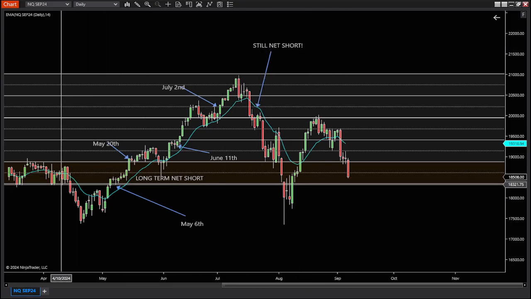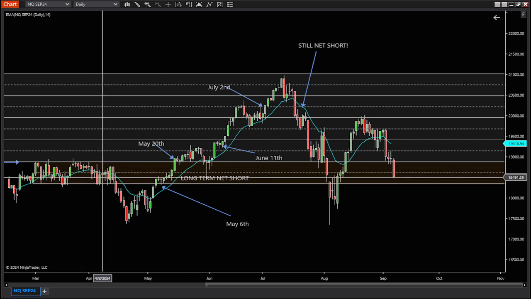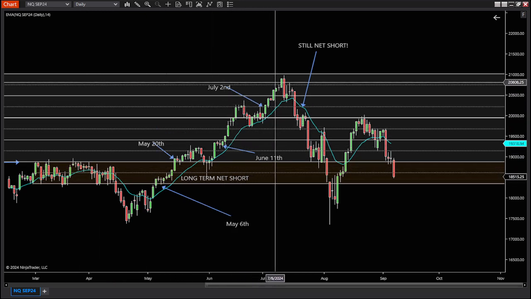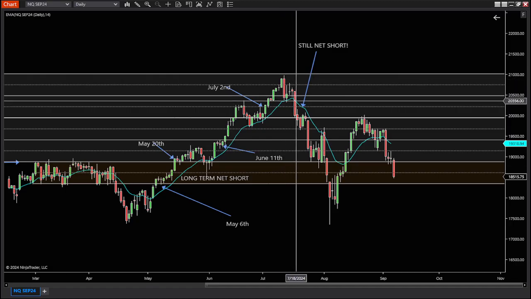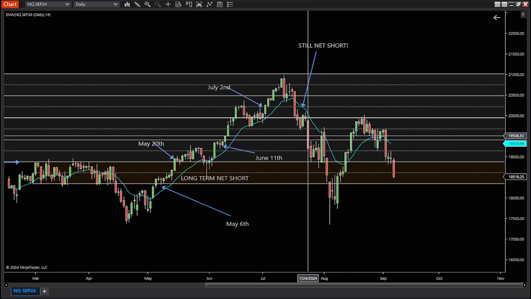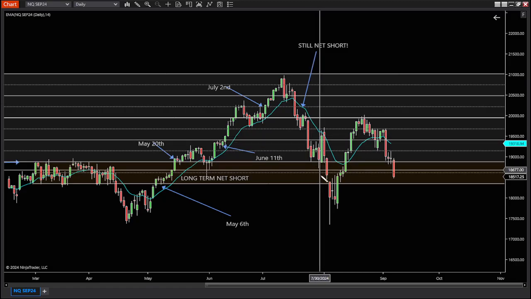Shorts are added here. Price moves higher, they're adding into their shorts. Price starts to retrace. They are still net short here. We finally hit July 30th.